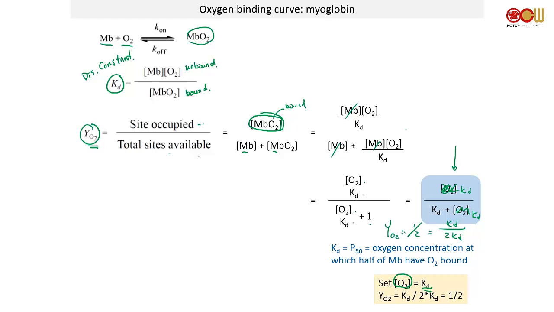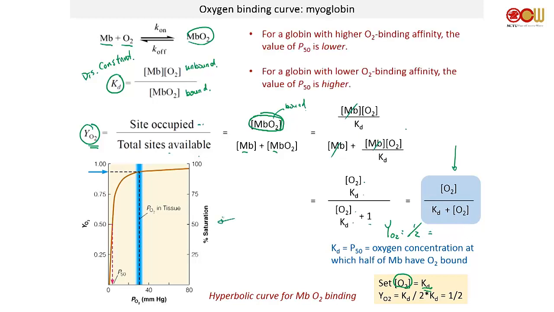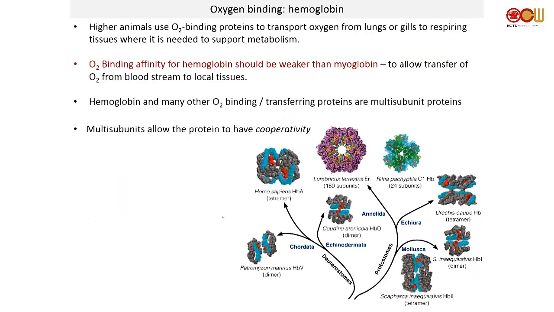So essentially it tells you that Kd, or the dissociation constant, is the concentration needed to give you 50% saturation. So if you plot this curve using a graphing calculator, you'll get a hyperbolic curve that looks just like that. Again, you just have to memorize this. A globin with high O2 affinity will have a low P50. A globin with low O2 binding affinity will have a high P50, and it makes sense. So that's myoglobin, right? That's how myoglobin works.